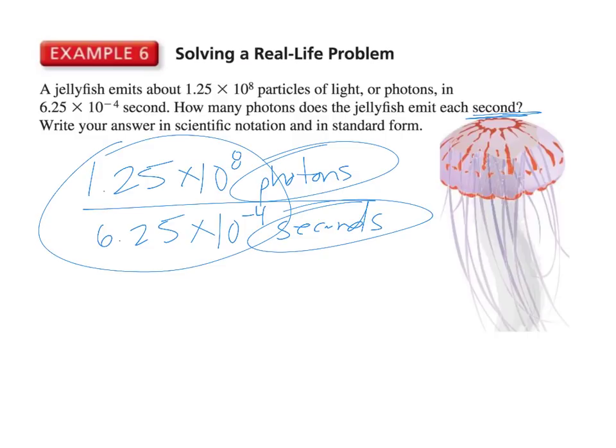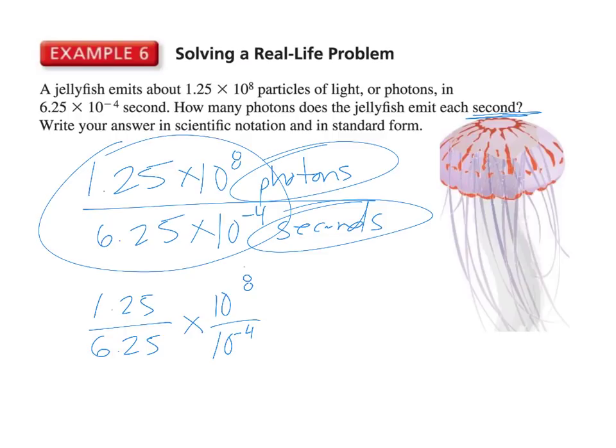So I have 1.25 over 6.25, and I could separate the powers with base 10. All right, there we go.